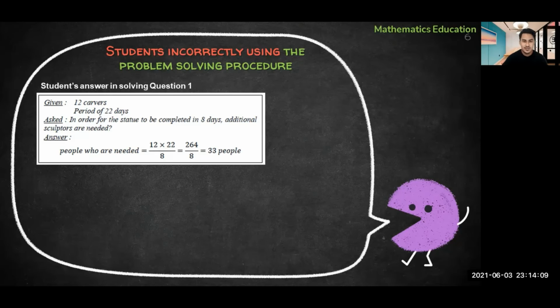In this example, we can see the student knows or understands the proportion topic, but this solution is not correct because it misses one step.